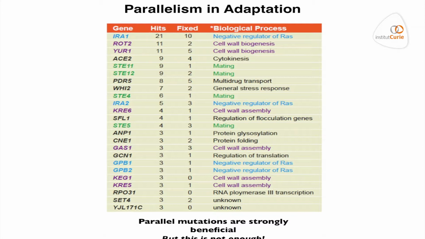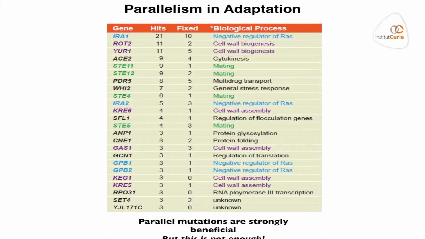For the 1 or 2 of you that have seen yeast before, you can see what all these genes are doing. I don't really want to get into it. The interesting thing, though, is that even these genes, which are strongly beneficial and are mutated in more than half of our replicate populations, still fix only maybe at best half the time in which they are observed, right?